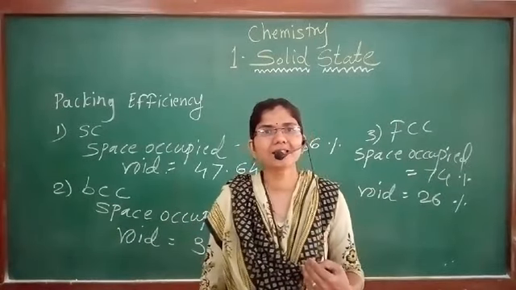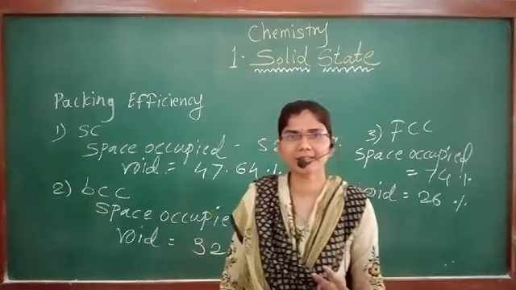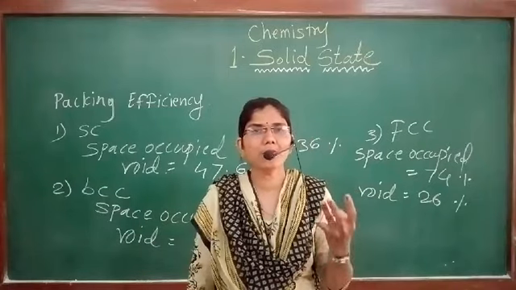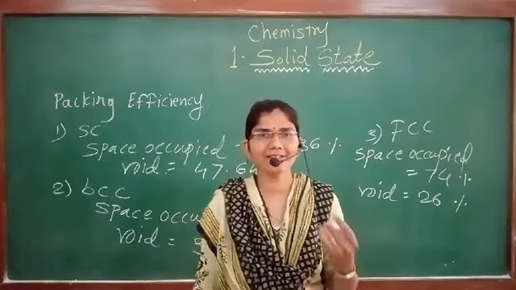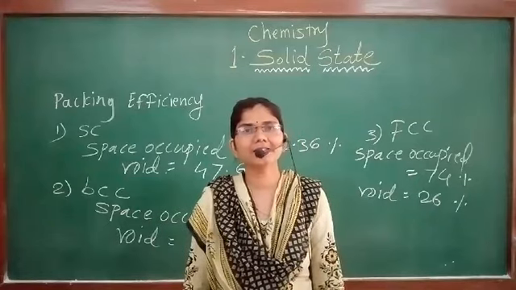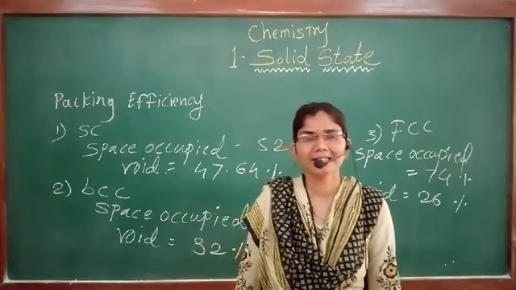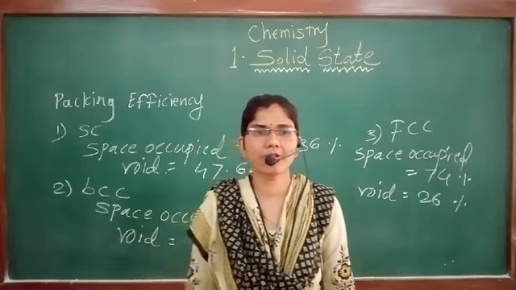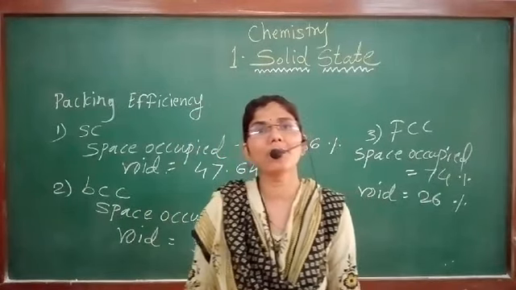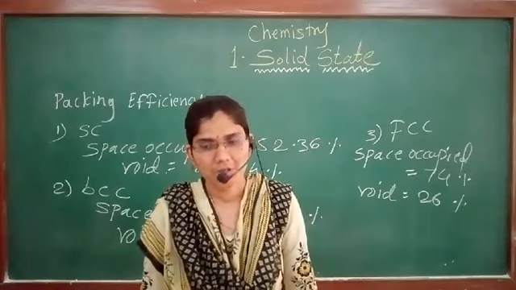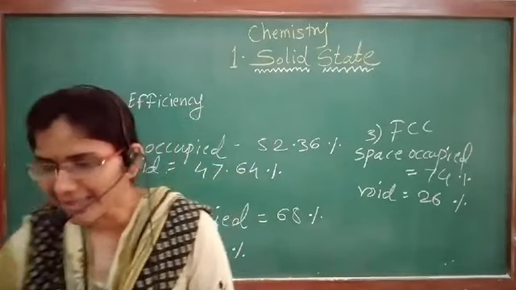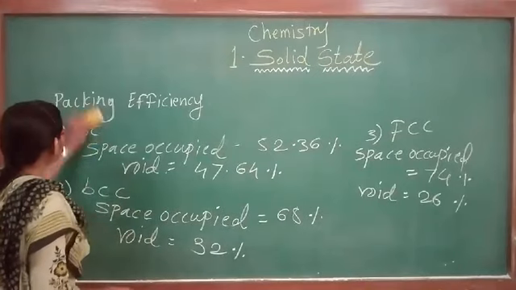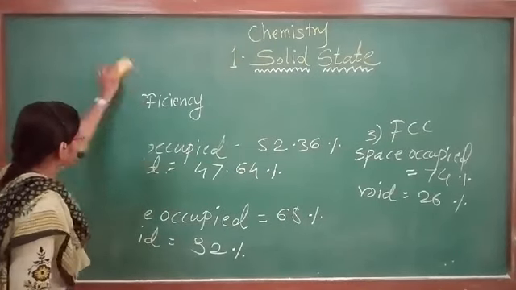Out of these three structures of the cubic unit cell, simple cubic, body centered cubic and face centered cubic, in the face centered cubic the particles are very closely, compactly packed. So dear student, this much we did in our last lecture.